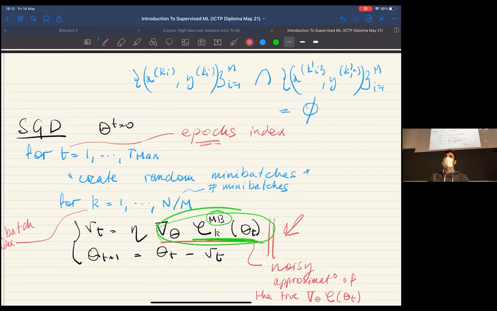So if we continue our explanations in terms of particles moving in a complicated landscape, in physical terms, we will now add momentum, inertia. So not only will you follow noisy approximations of the gradient, but we will add mass to this particle, or memory of the past trajectory, so that the particle tends to favor the trajectory that it was following in the past also.